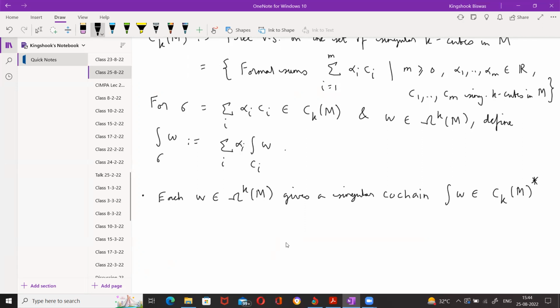So integral omega is a linear functional from C_k(M) to R. Sigma maps to the integral of omega over sigma. This is a linear function, linear in sigma.